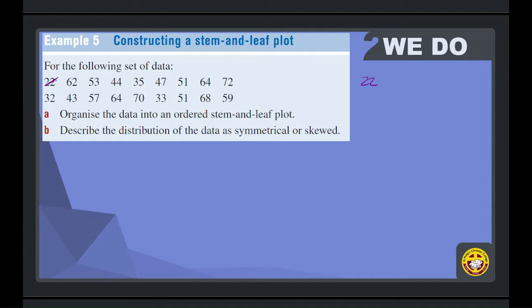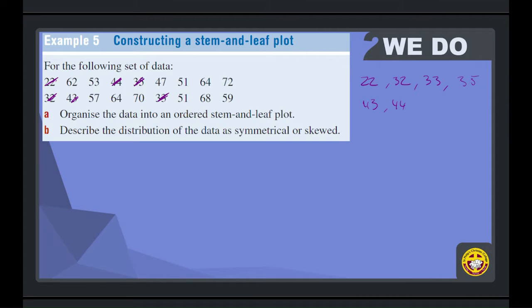We've got 22. That's our lowest number, isn't it? 32, 33, 35. Any more 30s? I can't see another 30. There's a 43, a 44.